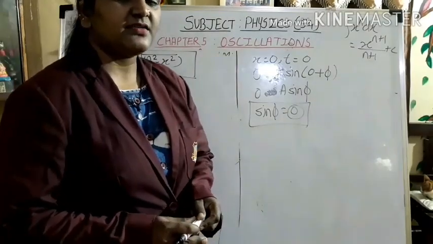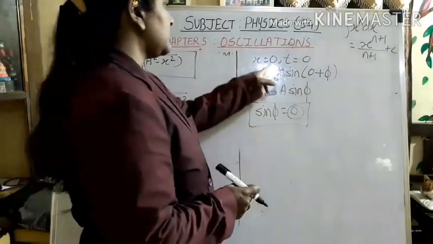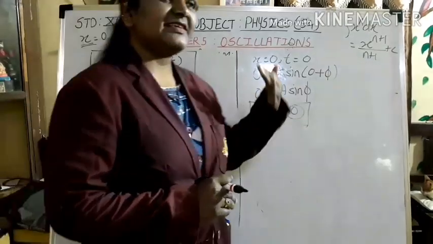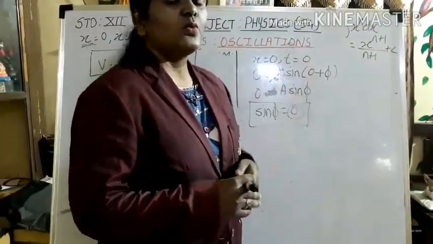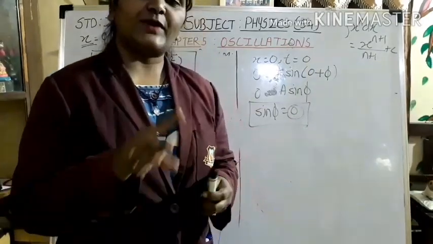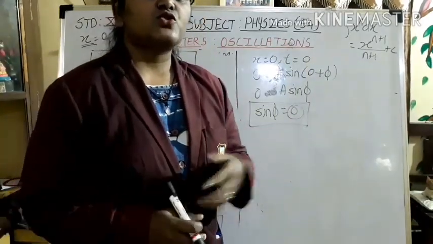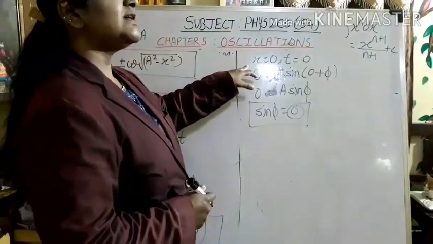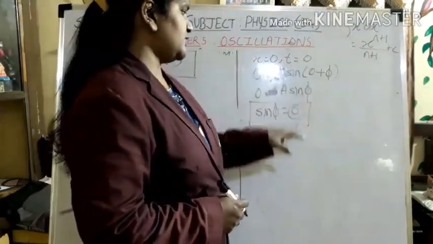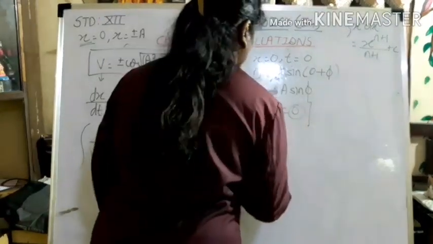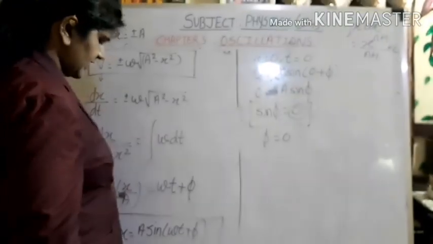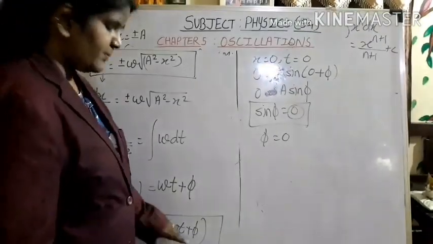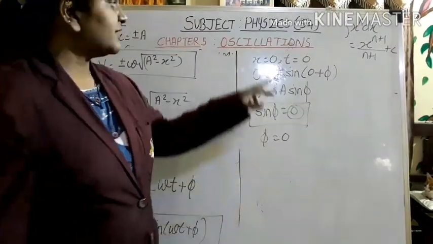So the value for phi can be 0 when the condition is this. When it is at extremity, the value will change. So when we take x is equal to 0 and t is equal to 0, the value for phi is 0. So we get this equation as x is equal to a sine omega t only when x is equal to 0.